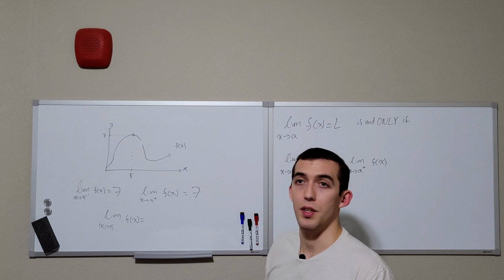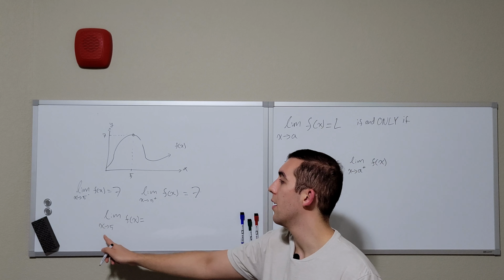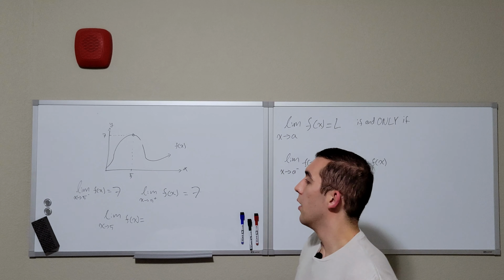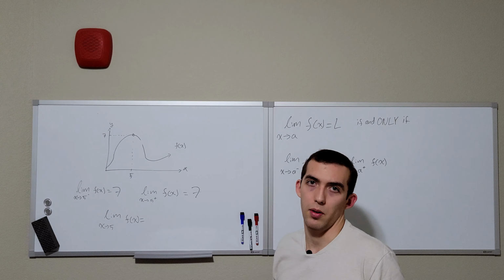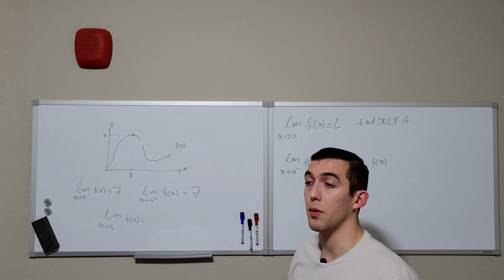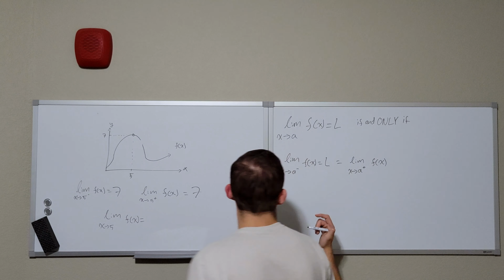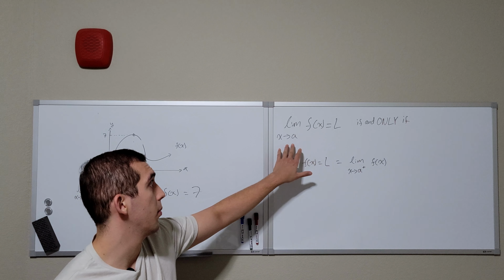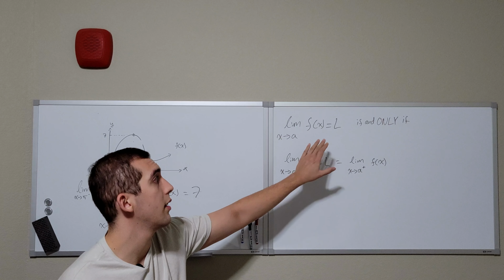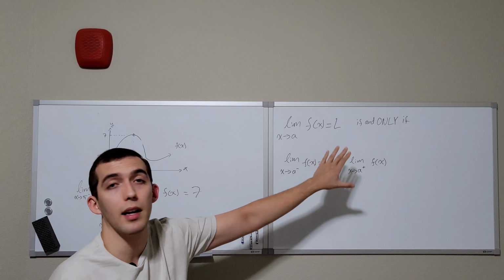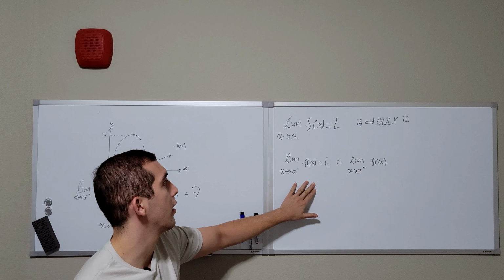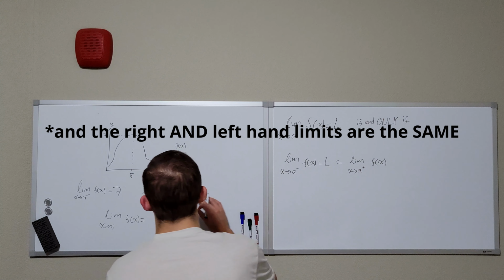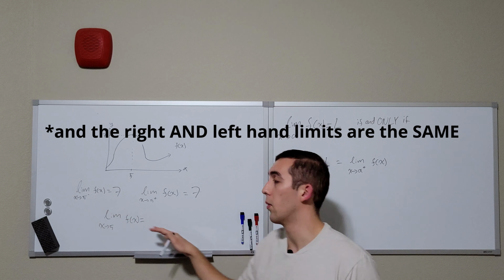And now my last question is, what is the limit as x approaches 5, right? So first I've got to figure out whether it exists or not. And that's where I go back to this theorem back here, where it states that the limit as x approaches some arbitrary number a of f of x exists if and only if the left-handed limit and the right-handed limit exist and are equal. So we go back to our problem, and we look at the left-handed limit and the right-handed limit.